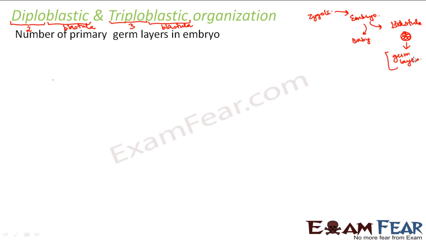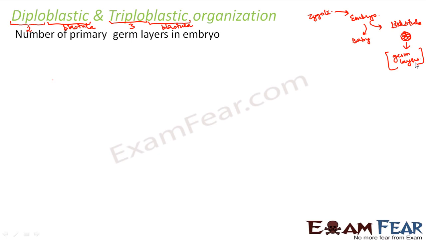And what will these germ layers do? These germ layers will later form the different parts of the body. So we can say that the cellular arrangement in our body connects to the embryonic origins of the tissues of our body, because basically everything is happening from here. From blastula, germ layers will be formed.